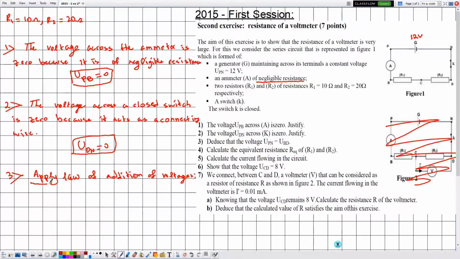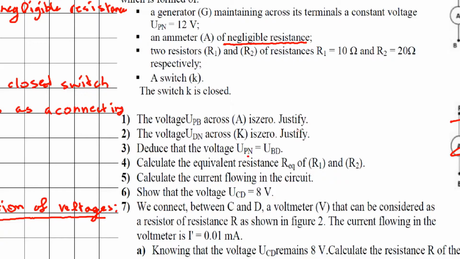How do we apply this law? Always on the left we write the voltage of the battery, UPN, and on the other side we write the voltages across different electric components starting from P and ending with N, making sure that both UPN and UBD appear in the equation.